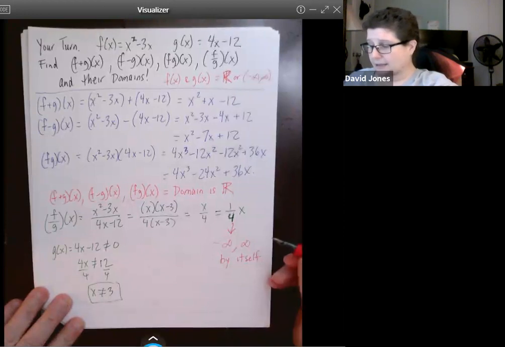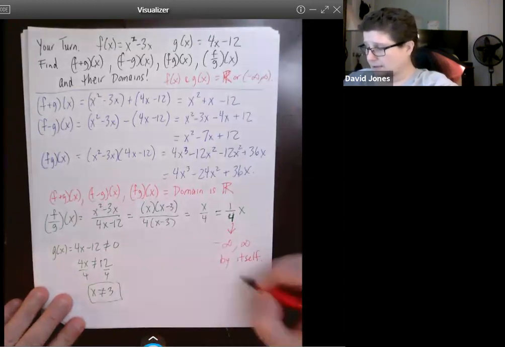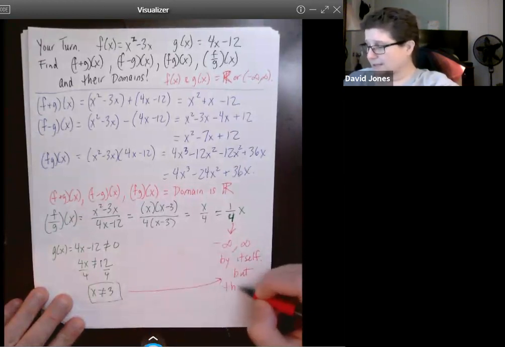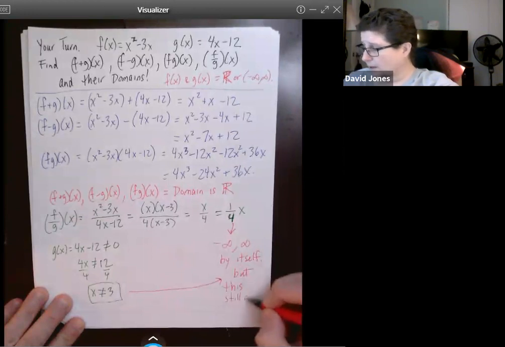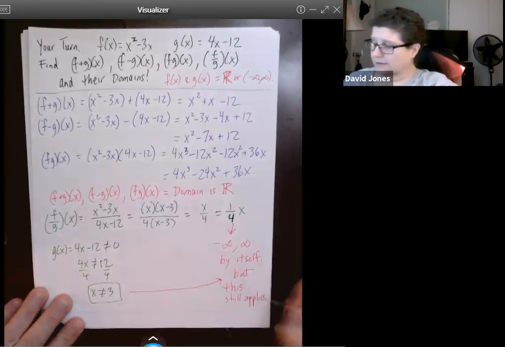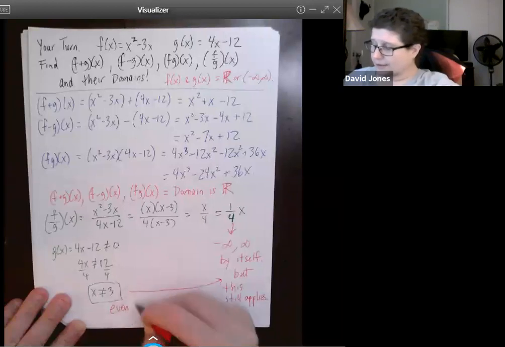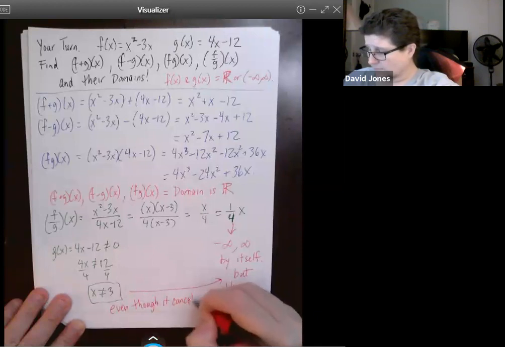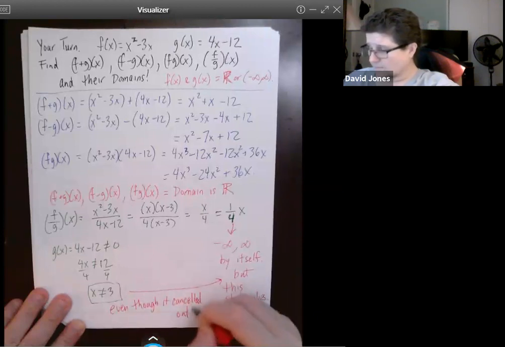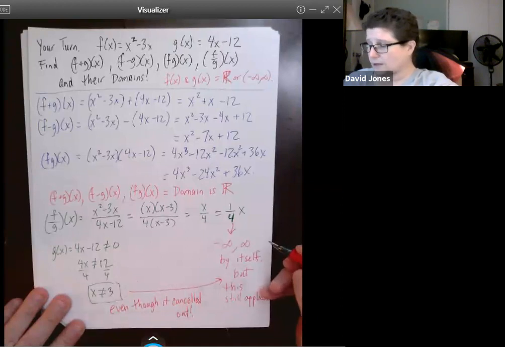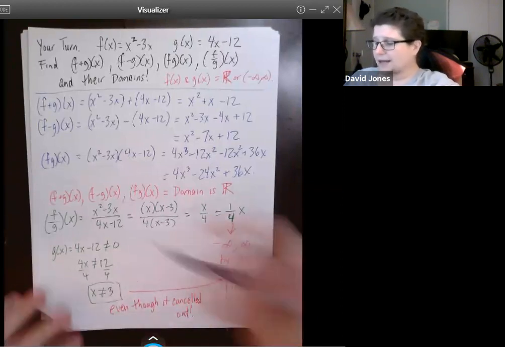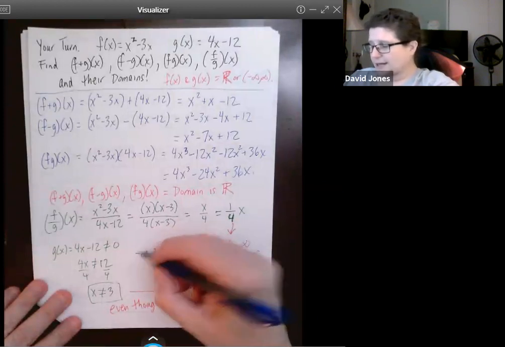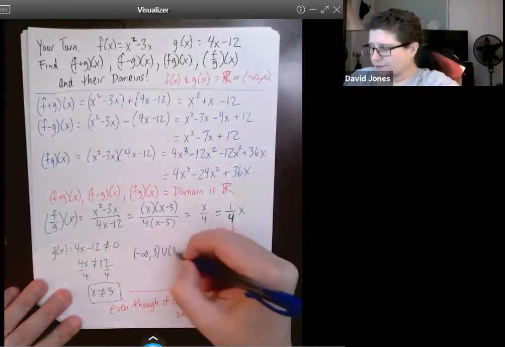But this still applies, even though it canceled out. So x cannot equal 3. The domain, in interval notation, is negative infinity to 3 in union with 3 to infinity.